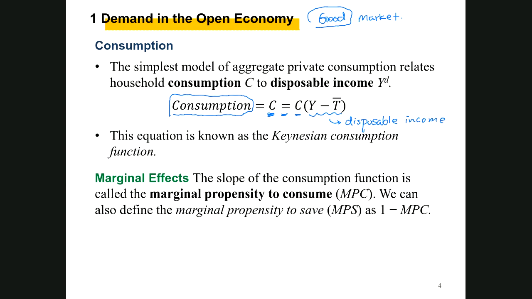This term, YD, is equal to the total income for one person minus the tax they pay to the government. This equation is known as the Keynesian consumption function.